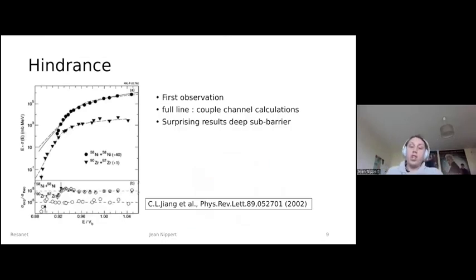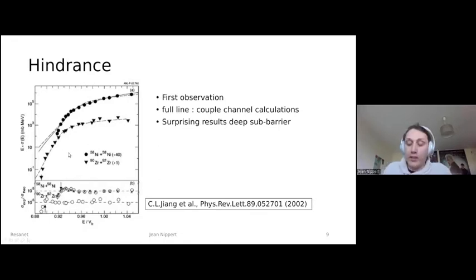Jiang and collaborators in 2002 measured fusion cross-sections for nickel-58 plus nickel-58 and zirconium-90 plus zirconium-92. Here you can see the excitation function of the energy normalized by the Coulomb barrier.